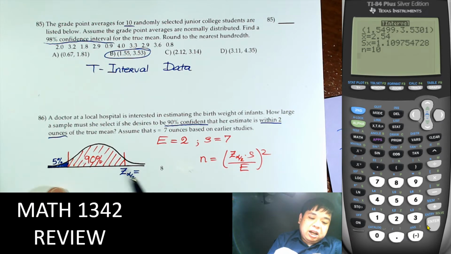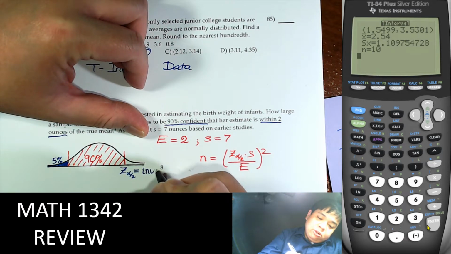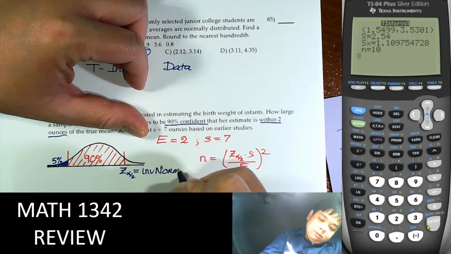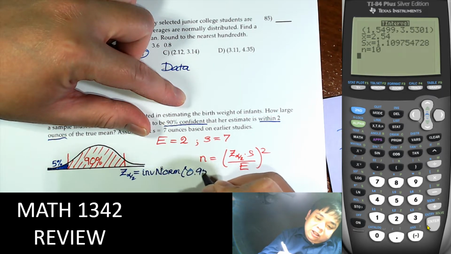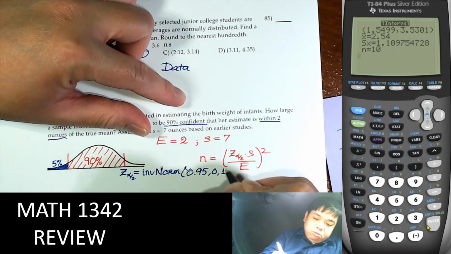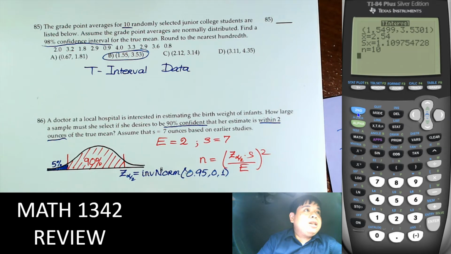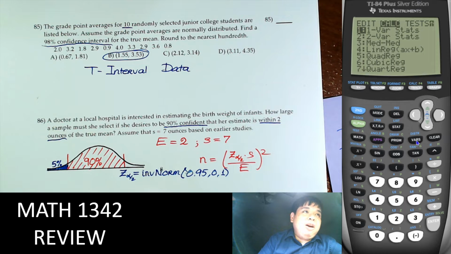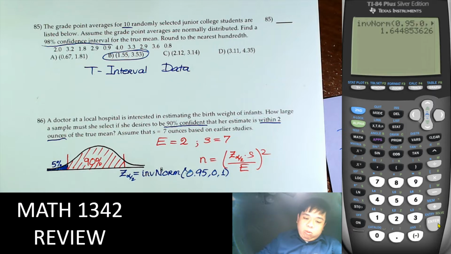So 5% and 90%, that's 95%. So that will be inverse normal of 95%. Standard normal, so 0 is the mean and standard deviation is 1. The area is 0.95. So you have 1.645.